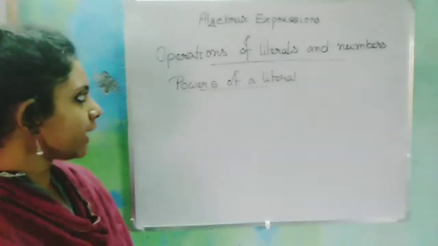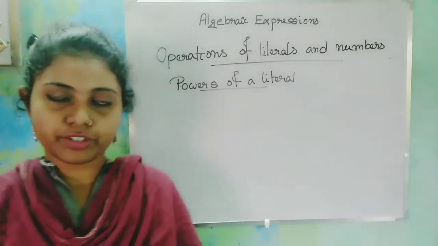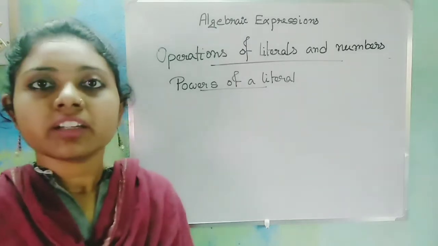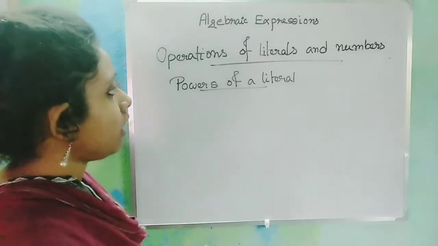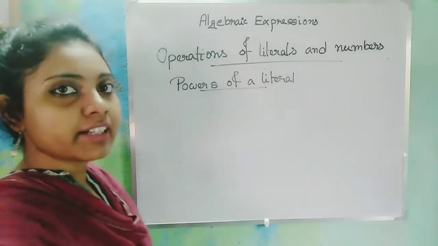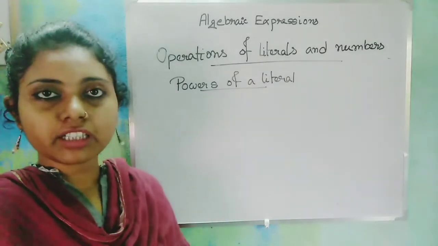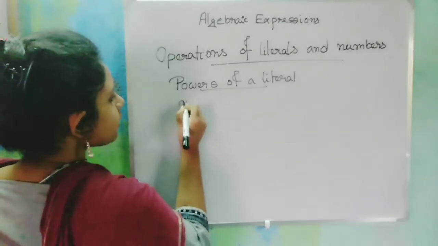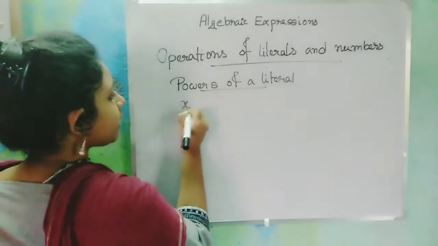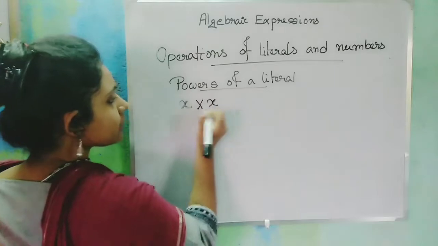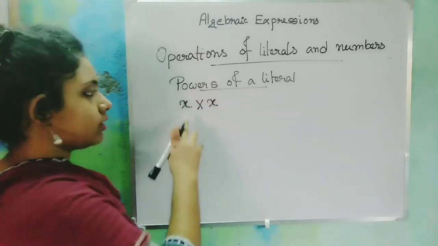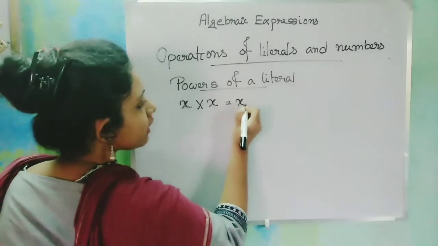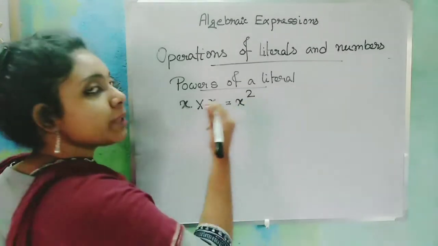Now we will know about powers of a literal. I have already said that if two literals are the same, then if we multiply the same literals, they can be represented as a power. X is a literal, so if we multiply x by x, here there are 2 x's, so we can write x to the power 2.